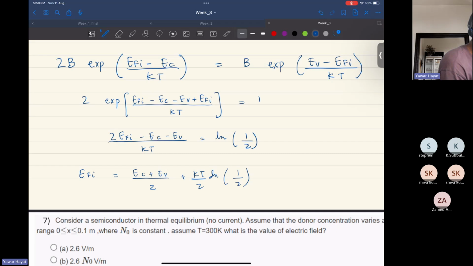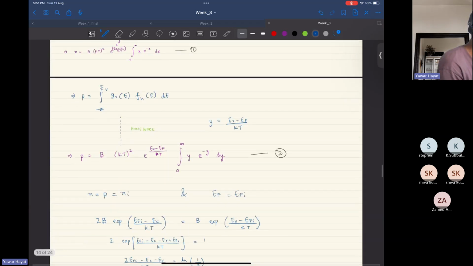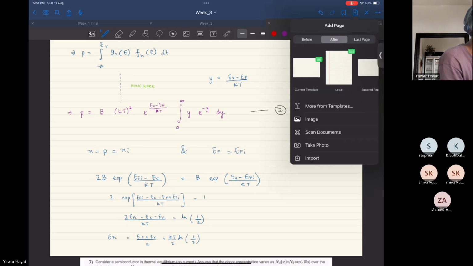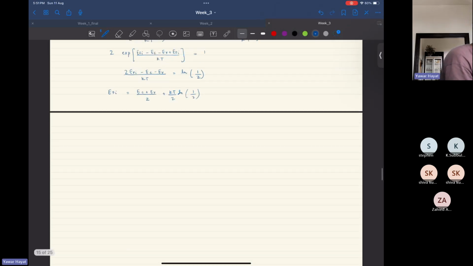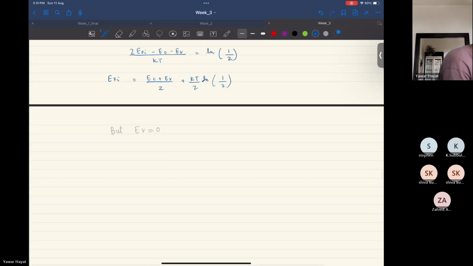But since EV would be 0 in this case, I guess I will use a different page. Your EV is equal to 0. So what are we left with?